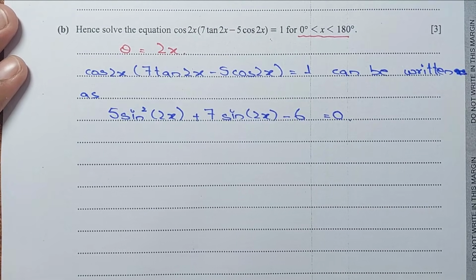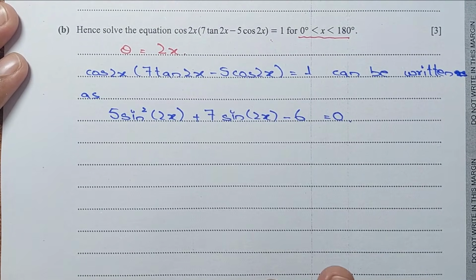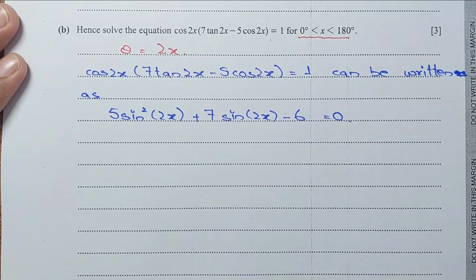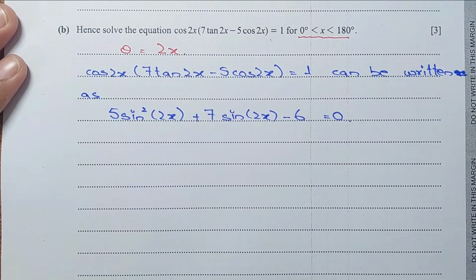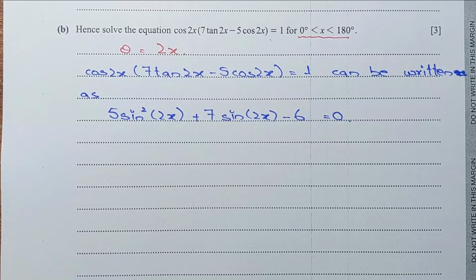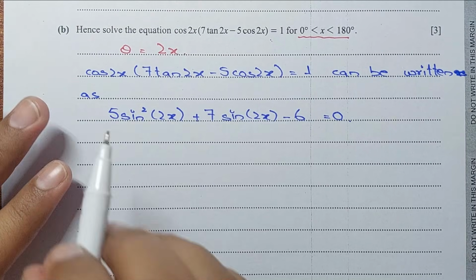Okay, so this equation is a quadratic equation in sine. We can factorize it or we can apply the quadratic formula. Okay, it is better to factorize it because factorization is simple.